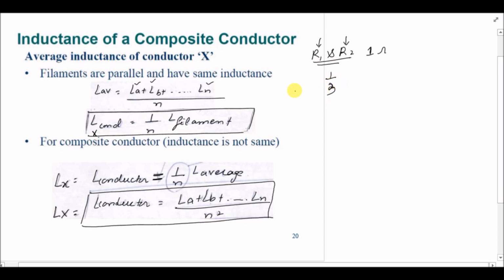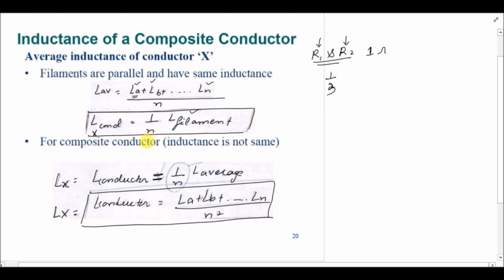So in this case all the inductances will be the same, so we just divide L filament, the value of one of these inductances, by the total number of filaments in the conductor. We have n filaments in conductor number X, so we divide L filament, the inductance of one filament, by the total number of filaments in conductor number X.